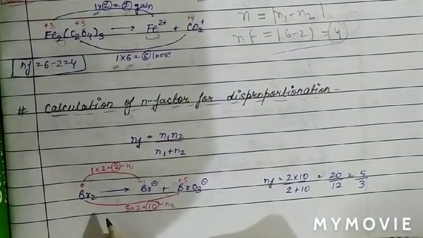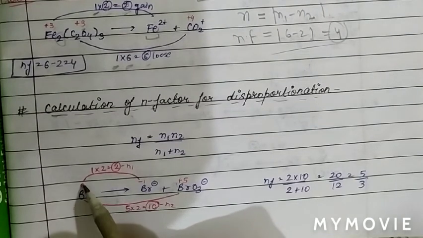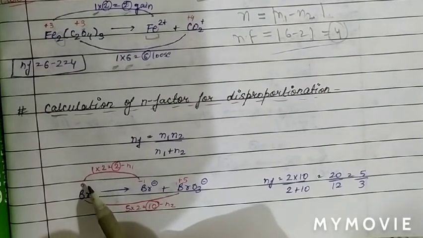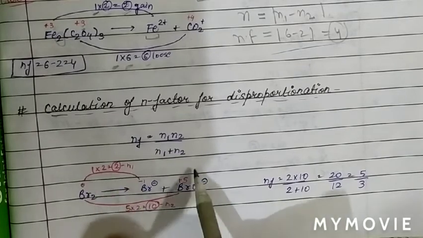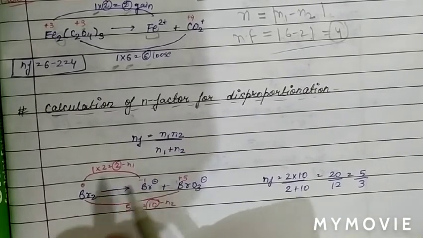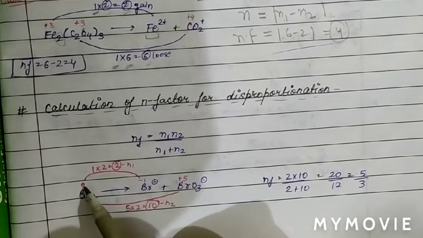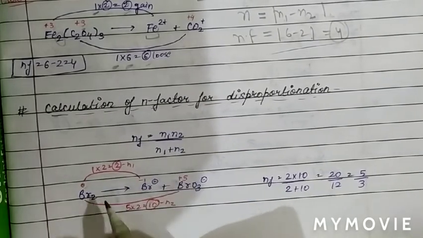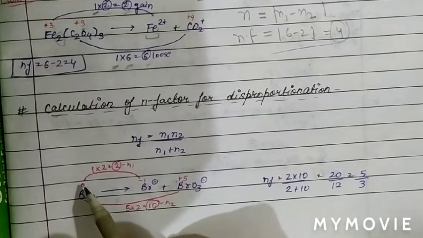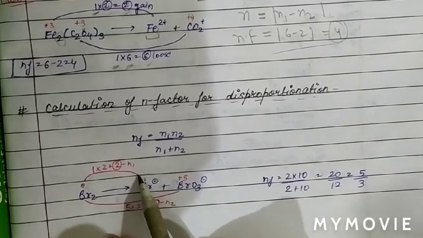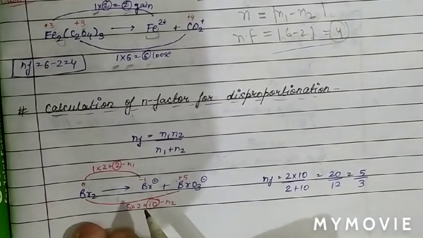For example, a disproportionation reaction is one in which the oxidation number of only one element is changed. So basically the same element is oxidized and the same element is reduced. Oxidation number of bromine changes from 0 to +5, which means bromine is oxidized. Oxidation number of bromine changes from 0 to -1, which means bromine is reduced.